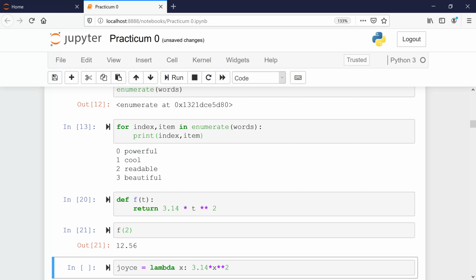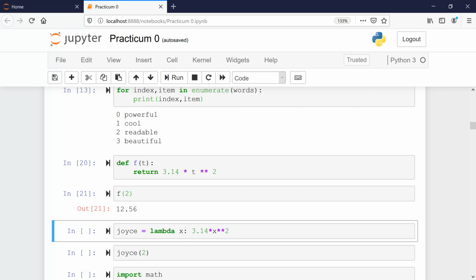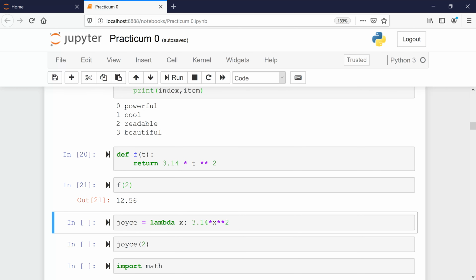So if I put here f of 1 or f of 2, let us say, same result. Now if you have a simple expression of the function, an algebraic expression like this one, pi x squared, we can use the lambda programming functionality. I called it Joyce here, but you can call it anything you like. So Joyce here is just a function of x. It takes x and produces 3.14 x squared.